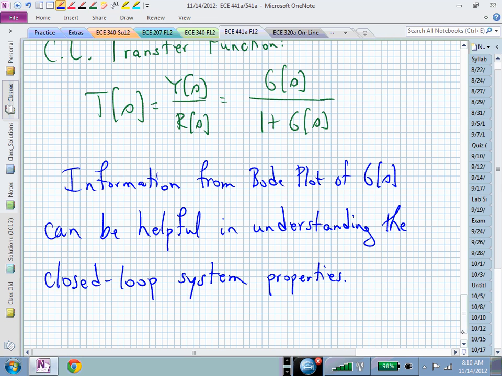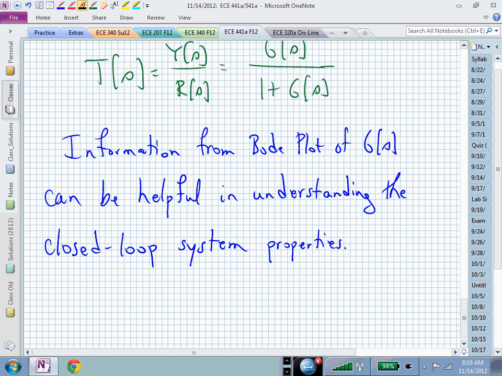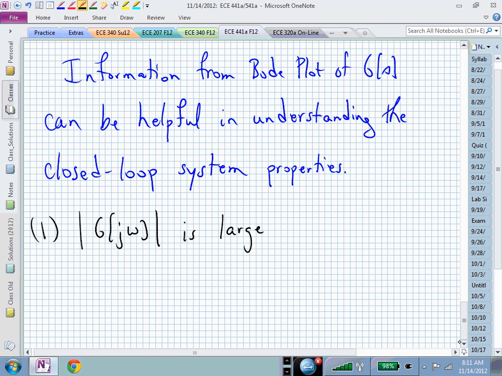For example, one way that we can look at that is the magnitude of G of j omega. Suppose we look at the frequency response and we notice that that magnitude is large, let's say at small frequencies.